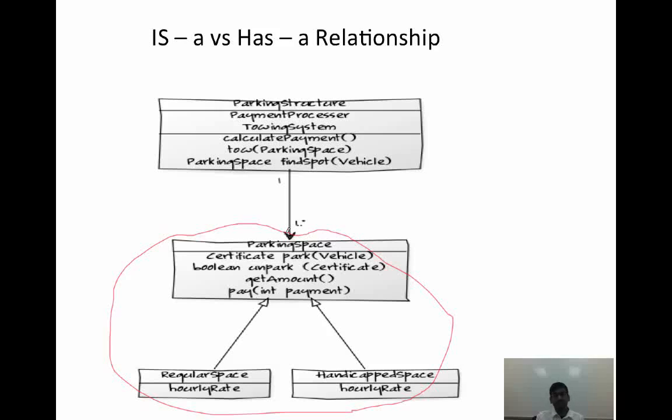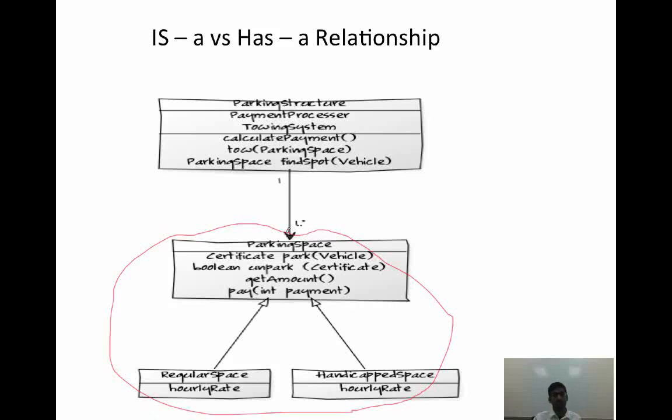But how about parking structure and a parking space? A parking space is not a subtype of parking structure. Rather, a parking structure contains parking spaces. So when a class just contains a reference to another class, we use a relationship type called has a relationship, because it has a reference.